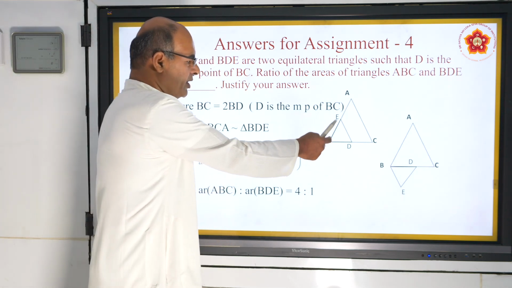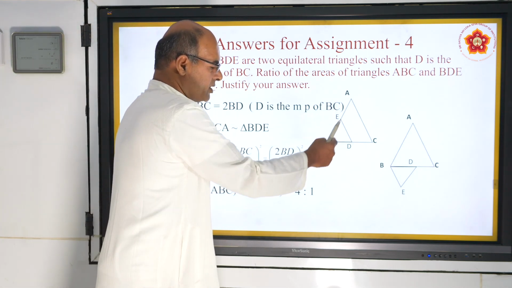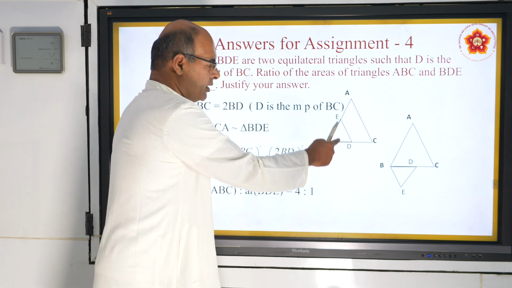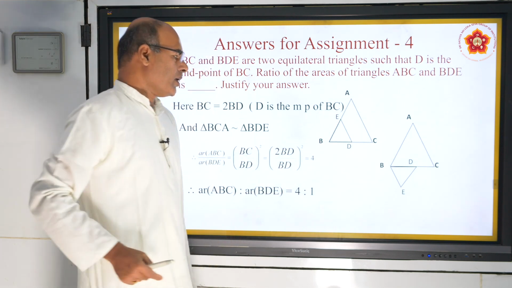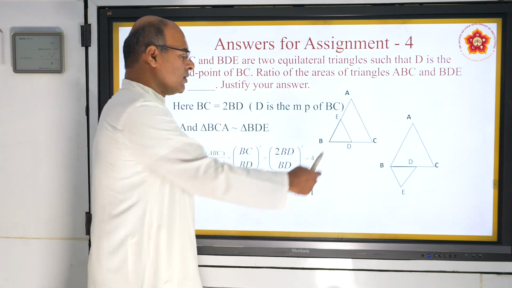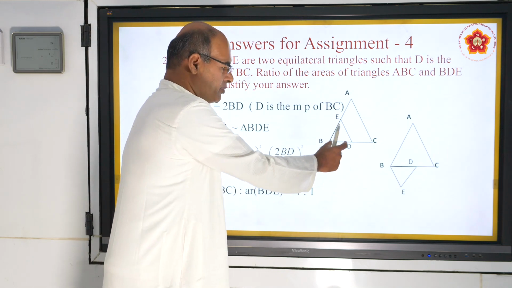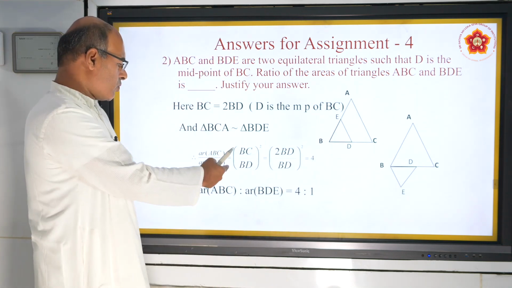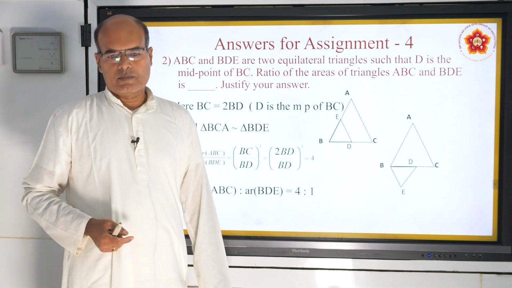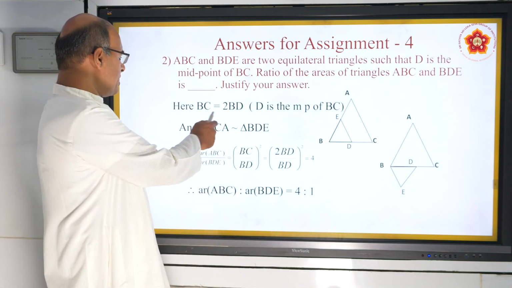So BC by BD whole square, area of triangle ABC, its corresponding side is BC. For the triangle BDE, the side corresponding to BC is BD. So therefore you can write BC square by BD square. Here BC is equal to 2BD.